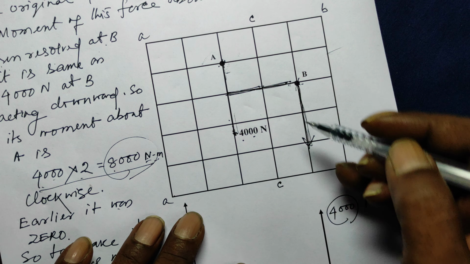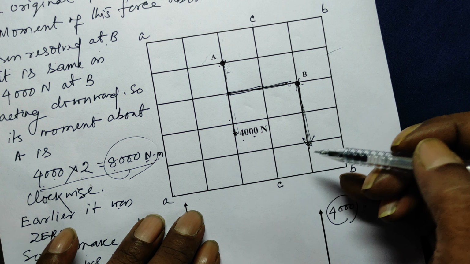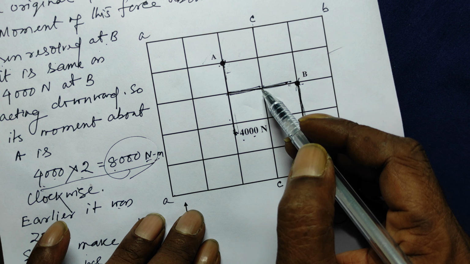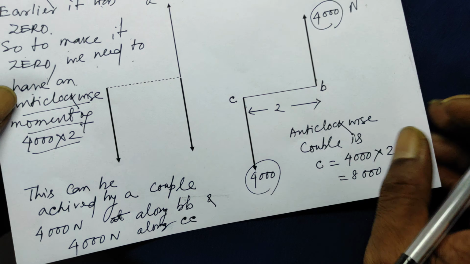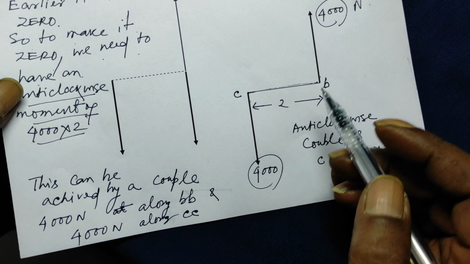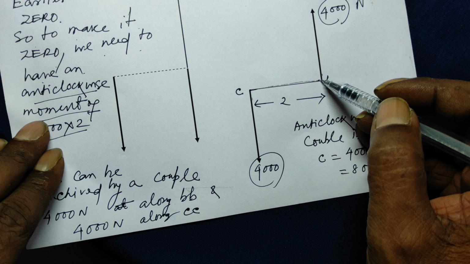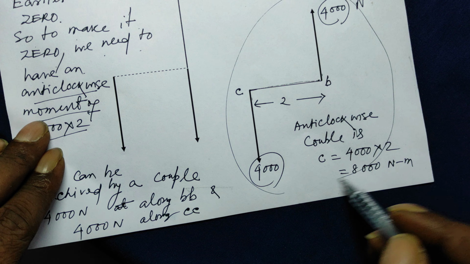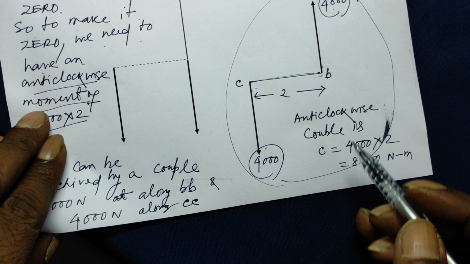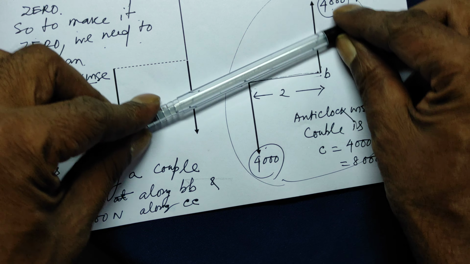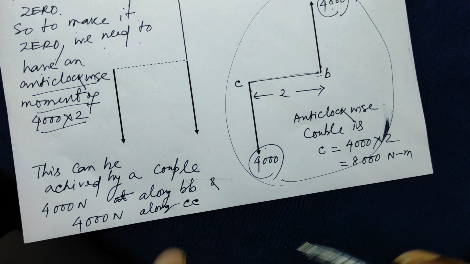And the line of action of CC and BB have a perpendicular distance of 2 units. So the couple will be force times the perpendicular distance, and this will be anti-clockwise.